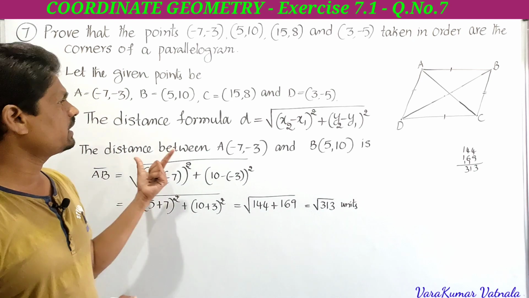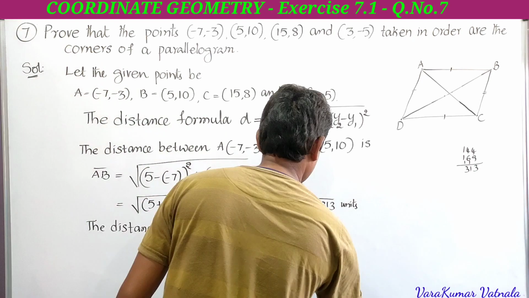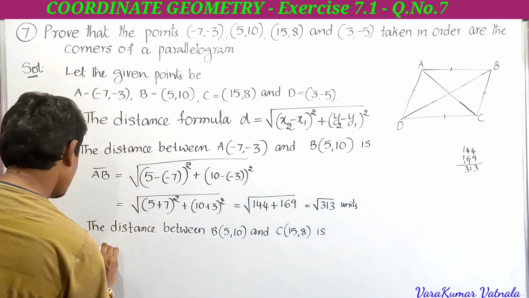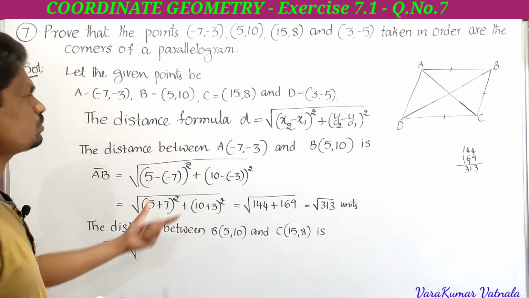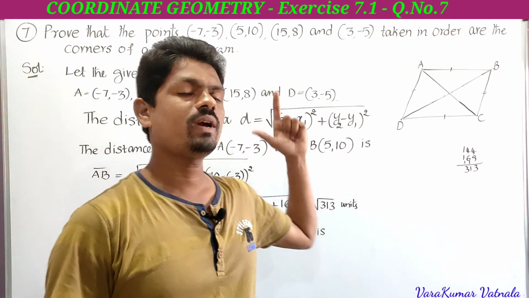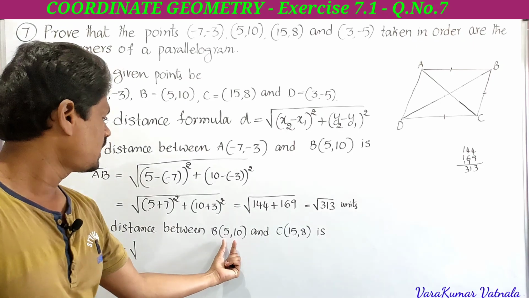Again we have to find the length of BC. The distance between B and C, denoted by BC, is equal to, again we just have to substitute in the formula, square root of x2 minus x1 whole square plus y2 minus y1 whole square.